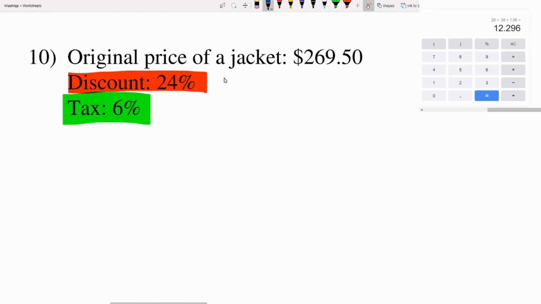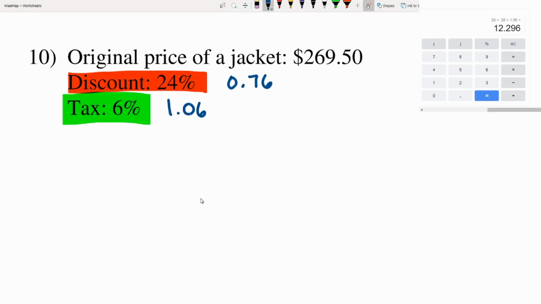So that discount, 1 minus 0.24, is going to leave us with 0.76. And then that tax, 1 plus 0.06, will be 1.06.